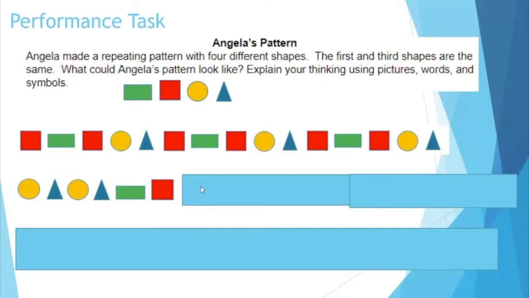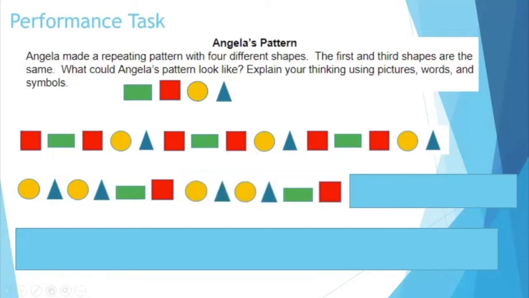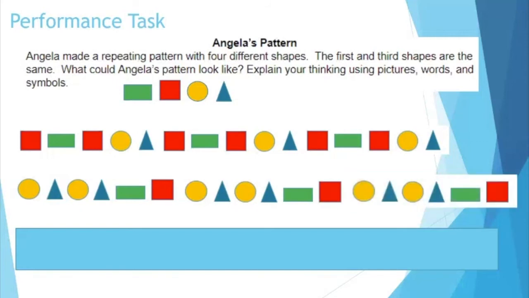So what do you think is going to go right here? You're right. Circle, triangle, rectangle, square. Let's see if we're right. Yes, the core repeats. So finally, the last is circle, triangle, rectangle, square.